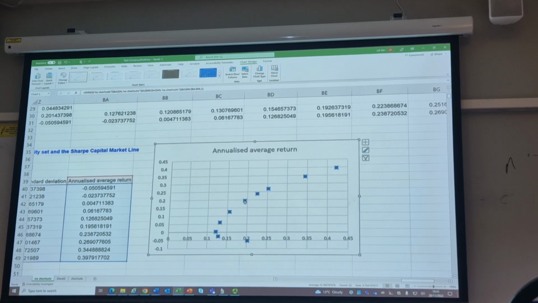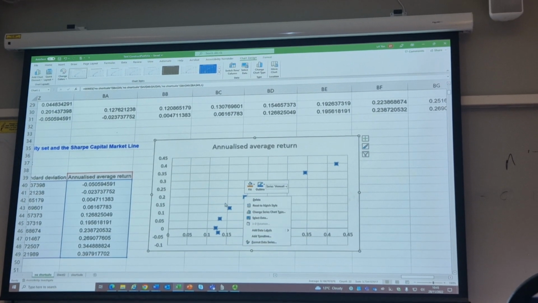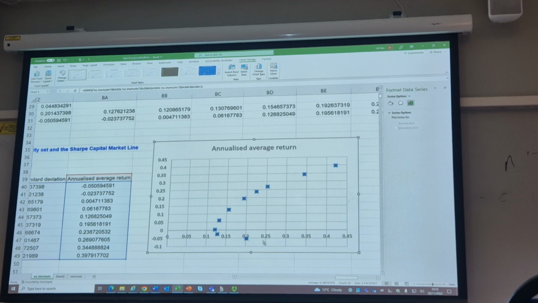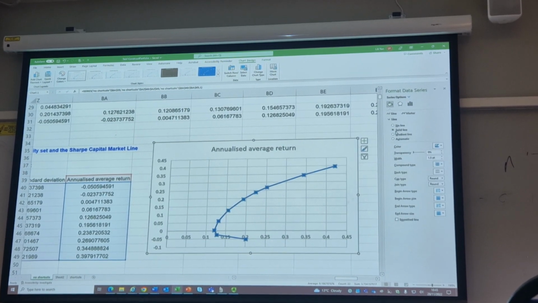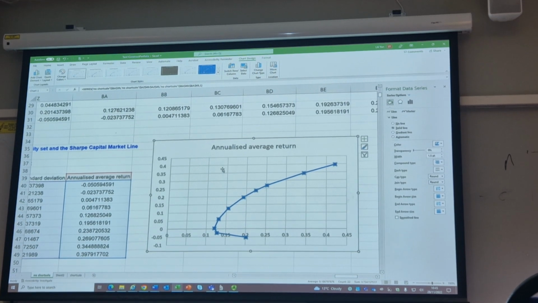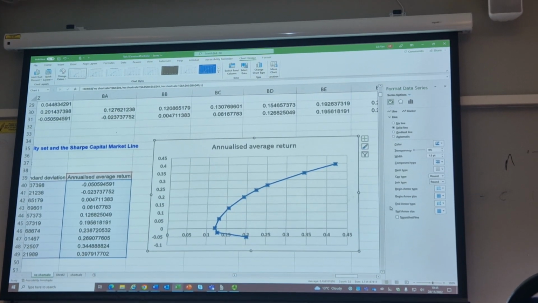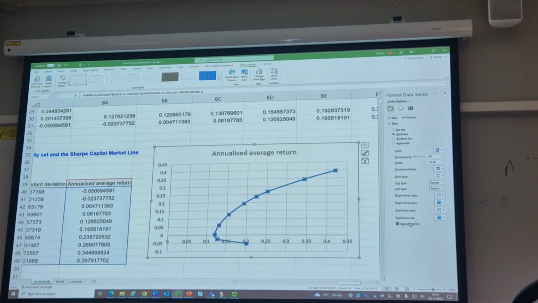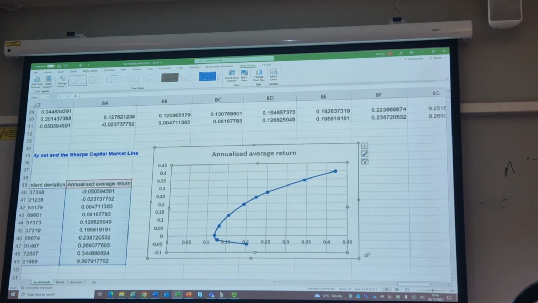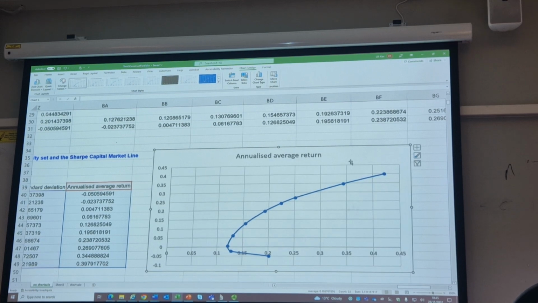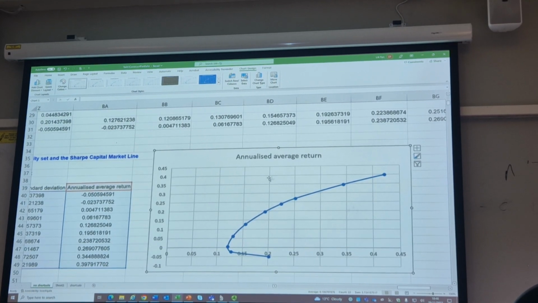Then we right click and format data series. Select the solid line, so these 10 portfolios are connected, and then tick the box to smooth the line. It looks better now. So this is the feasible set for these risky portfolios.